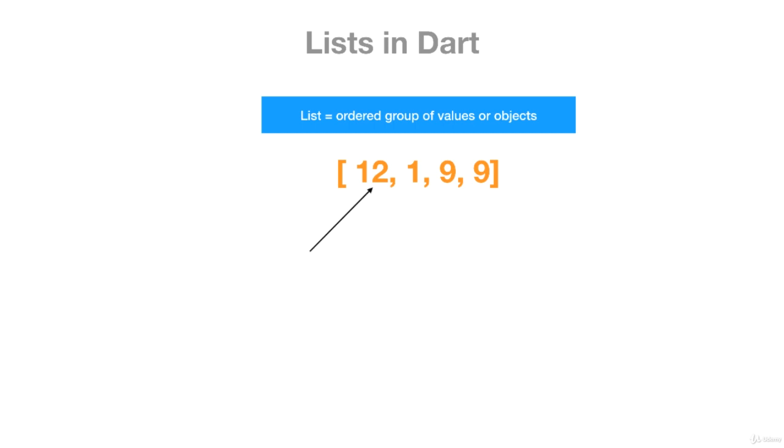Now, the way things are organized in a list is that they are organized in indexes. So the first item is contained inside of index 0. If you want to get 12, we would have to point to index 0. And then of course the second one would be index 1 and so forth.